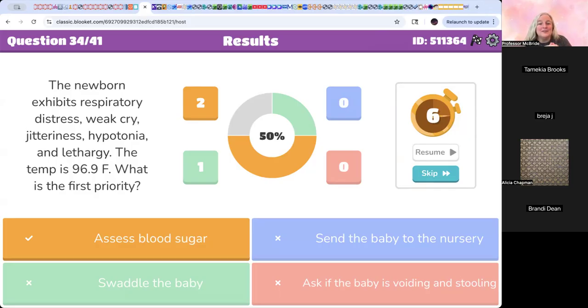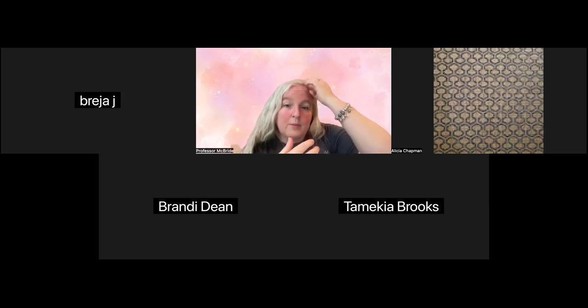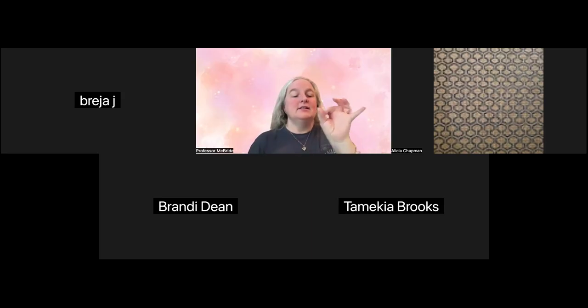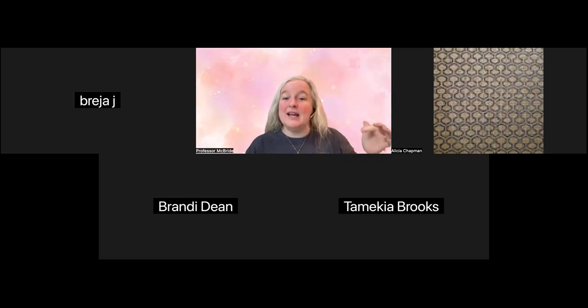So let's talk about the radiant warmer for a second. The best place for our babies is skin to skin, right? But if our baby is 96.9, they're not staying warm skin to skin. So we might use the radiant warmer to help warm the baby to an appropriate temperature. We put the baby on the radiant warmer. They have this little thermometer that you can put on their belly, and you plug it in and you set it to the temperature you want the baby to be.